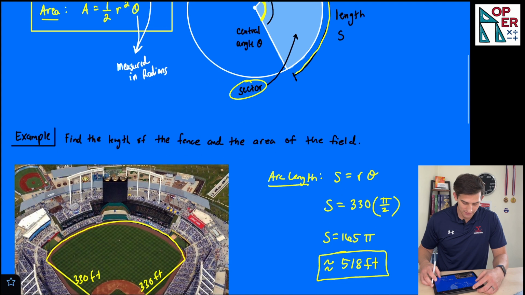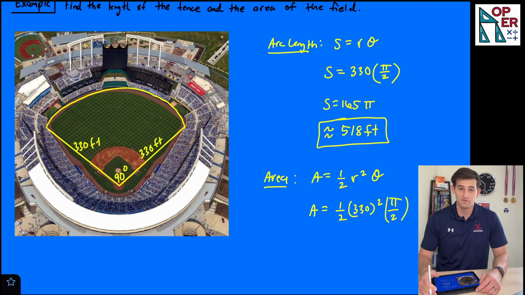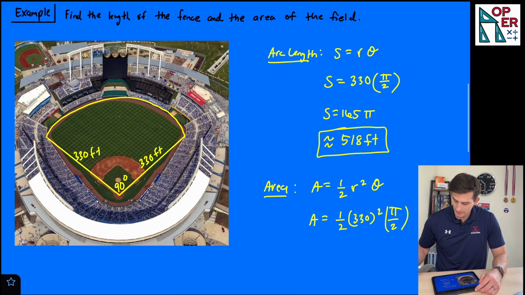So we're going to use 1/2 times r squared times theta. So area is equal to 1/2 times r squared times theta. So we have 1/2. Our radius once again is 330, and we're still going to use our pi over 2, our radian measure for 90 degrees. All right, so in our calculator, 330 squared is 108,900. If we divide that by 2, by multiplying by 1/2, then we'd get 54,450 times pi over 2.